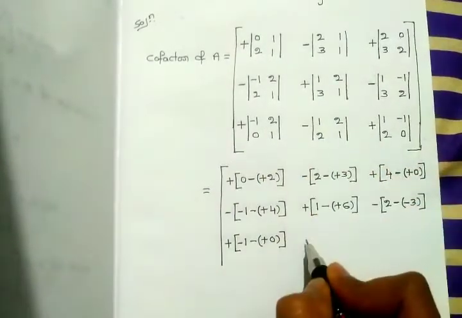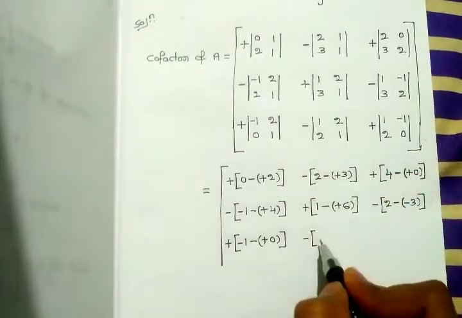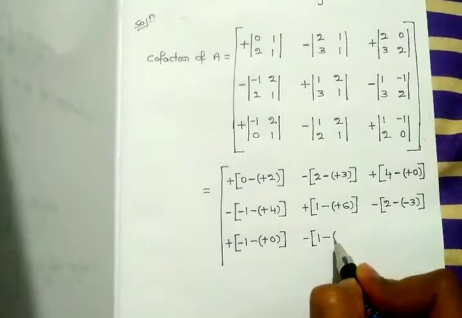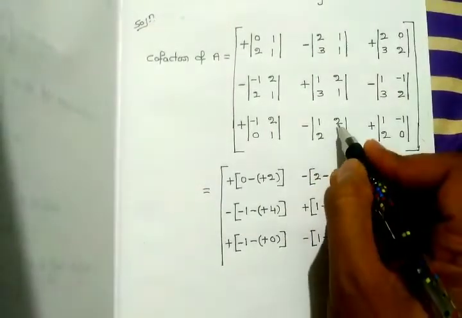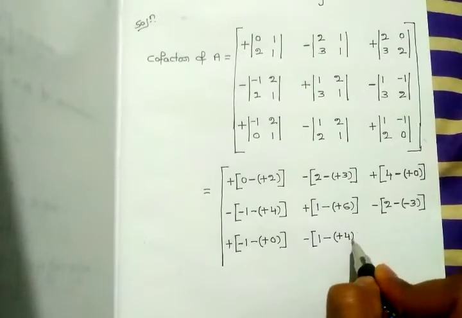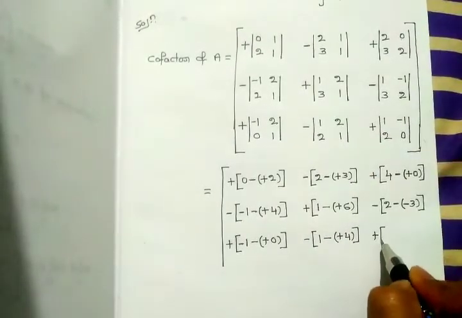Next, outside negative sign, keep it as it is. Next, 1 into 1 is 1, minus, again in bracket, plus into plus is plus, 2 into 2 is 4.